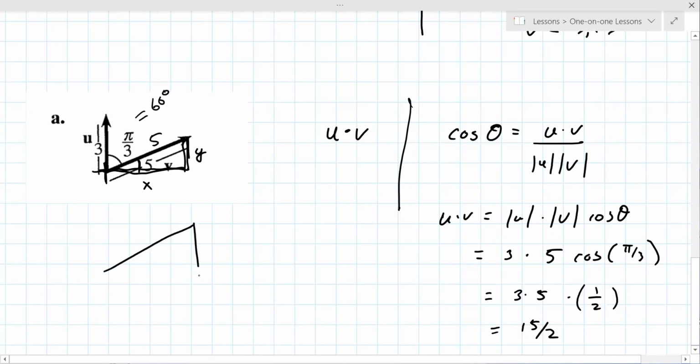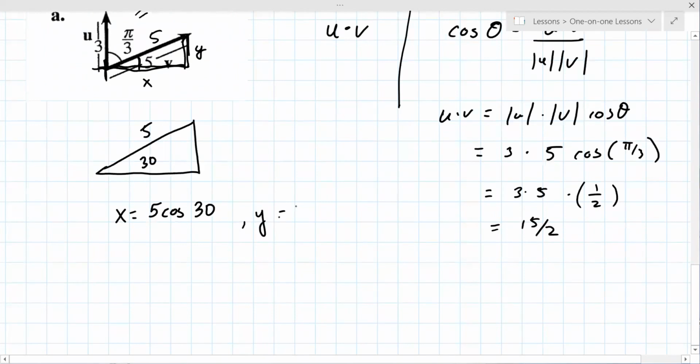So X is 5 cosine 30, and Y is 5 sine 30. I like the other way better. Yeah, good, because that's the right way to do it.